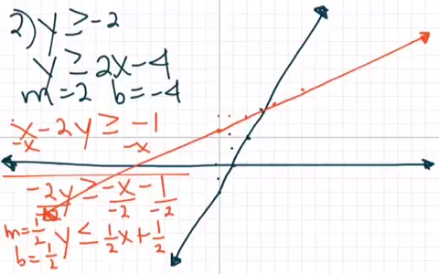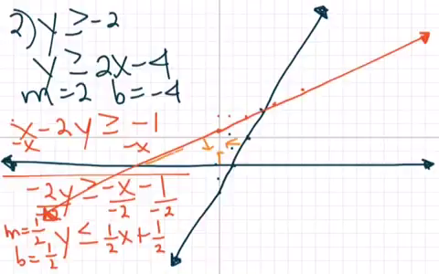Okay, let's go back and look at our equation for a moment. It says greater than negative 2, y equals negative 2. So that would be shaded this way. Greater than or equal to 2x minus 4, which would be this way, and then less than or equal to the red equation.